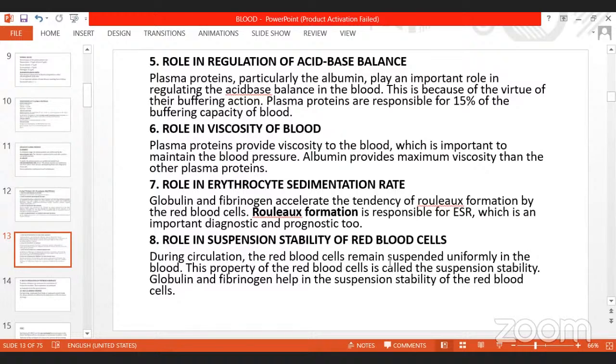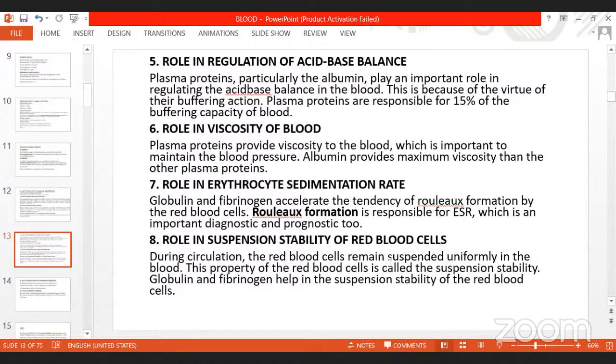And the role in the suspension stability of the red blood cells: during circulation, the red blood cells remain suspended uniformly in the blood. So they won't settle down on the blood vessel because of gravity. They are uniformly suspended whether the vessel is vertical or horizontal, wherever.